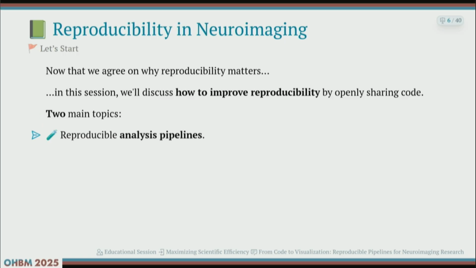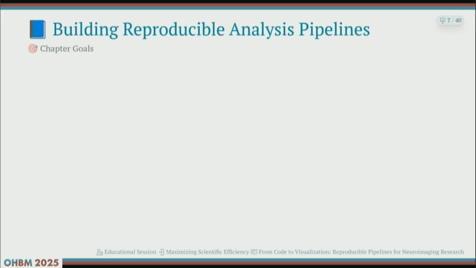So the two main topics that I'll be talking about in this sense will be about how we could make our pipelines, which are actually the analytical steps that we take in our research, more reproducible, and how we make our visualizations, which is kind of the face of our research, more reproducible.